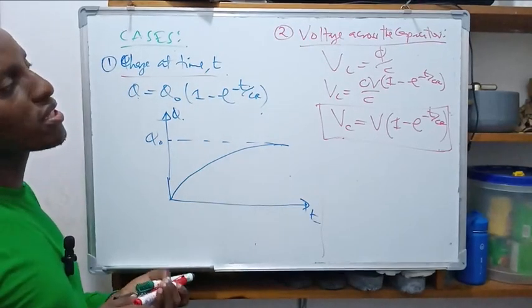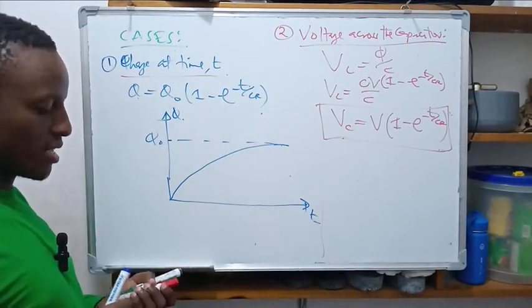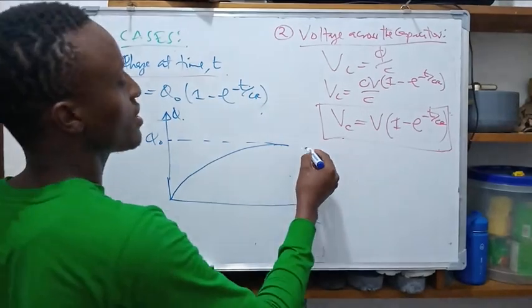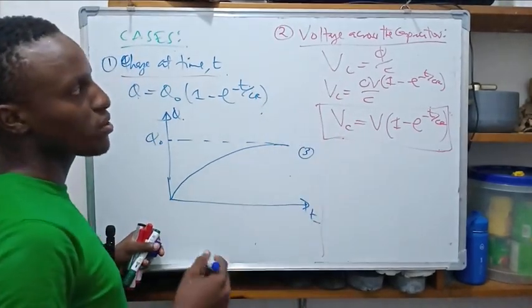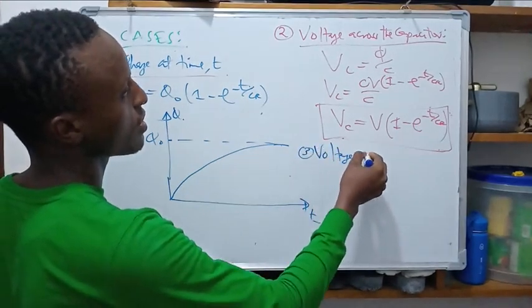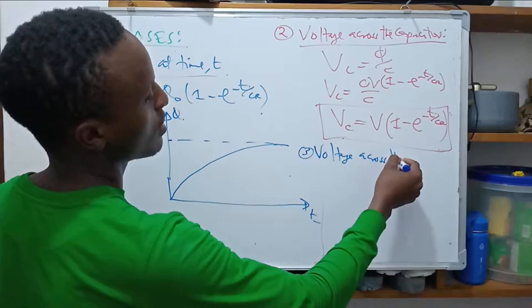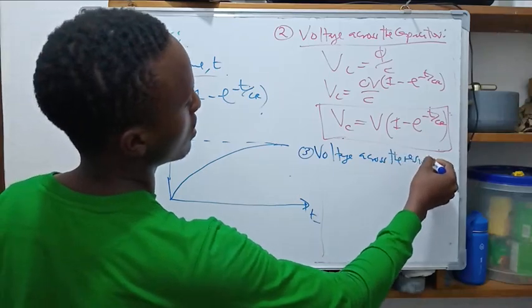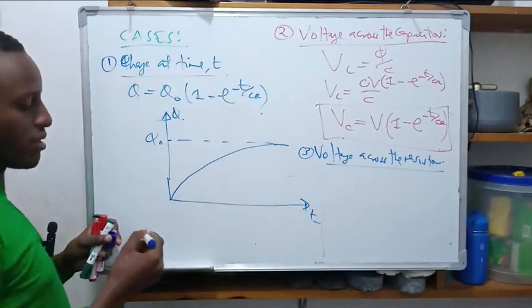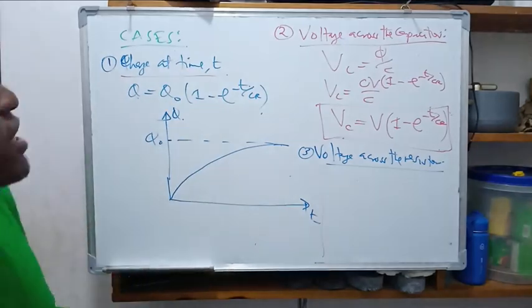So speaking about number 3, we can speak about the voltage across the capacitor, but also the voltage across the resistor. We said as we are charging the capacitor, let me draw for you here. Let me remind you.